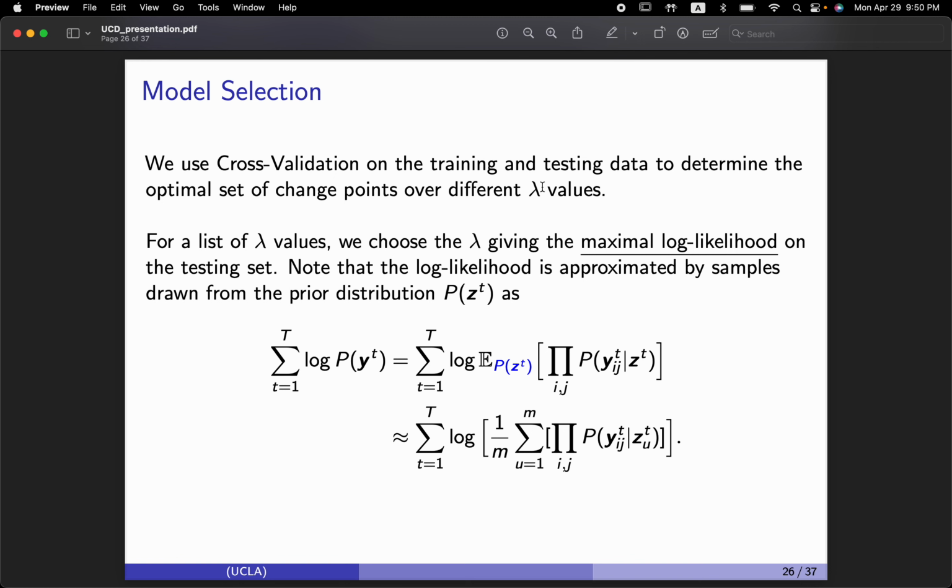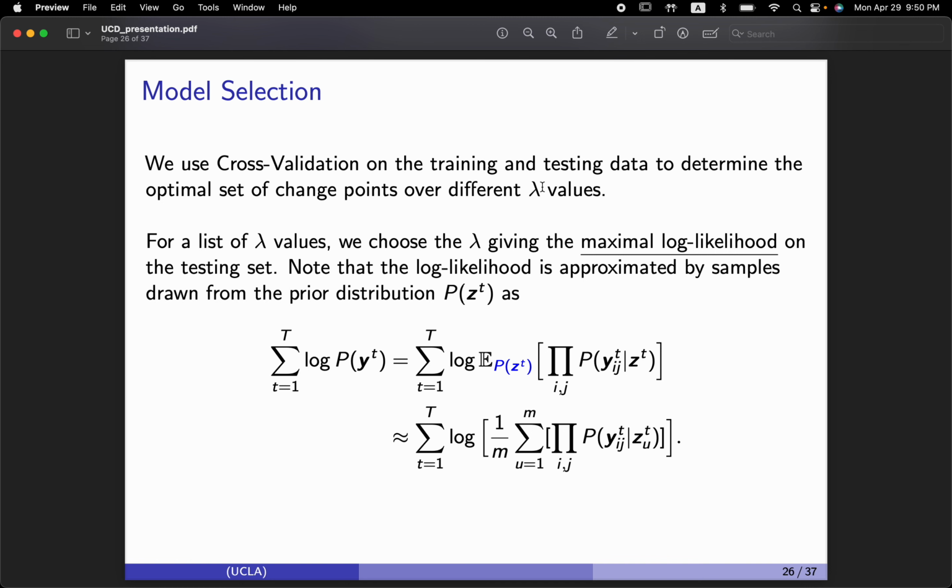So essentially, we're going to break the time series into two parts, a training set and a testing set. The training set consists of all the networks at the odd index time points, and the testing set consists of all the networks at the even index time points. And then we are going to learn the model with the training set, and evaluate the learned model on the testing set.